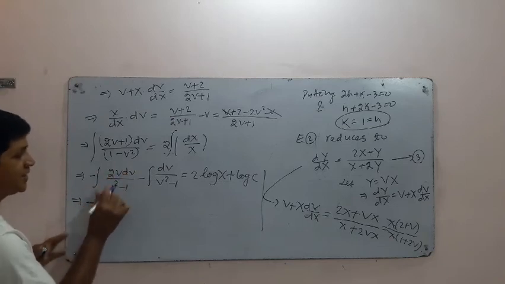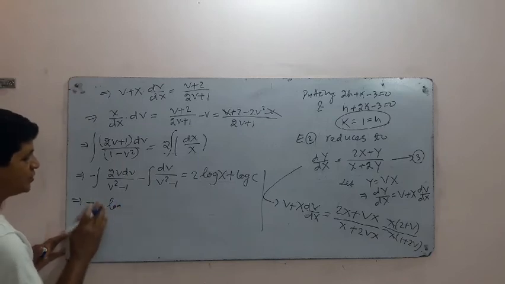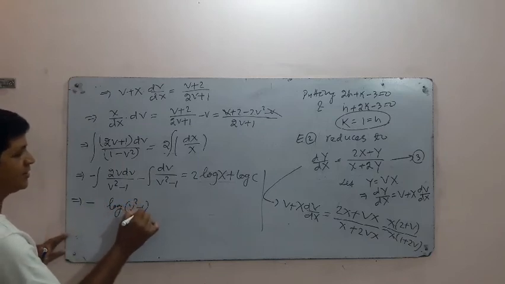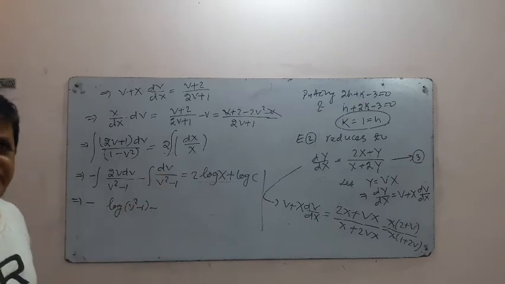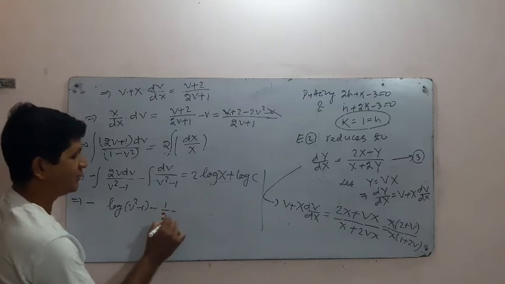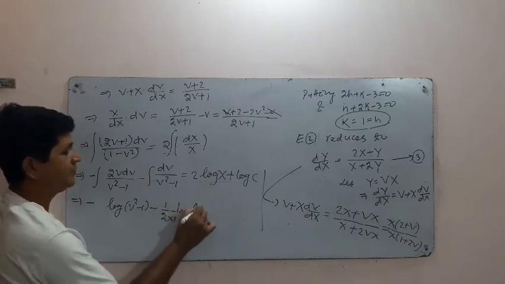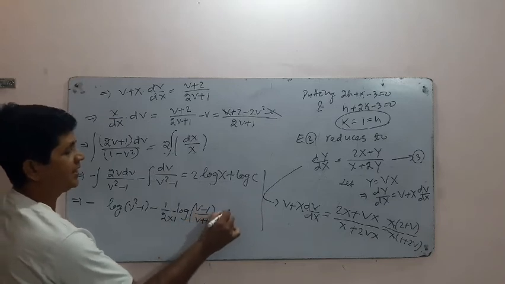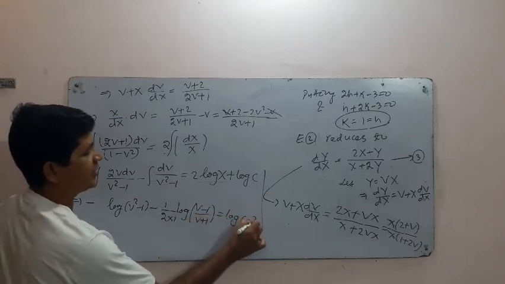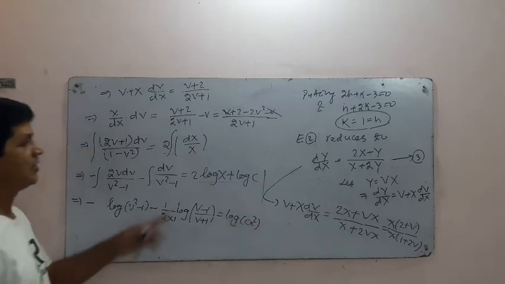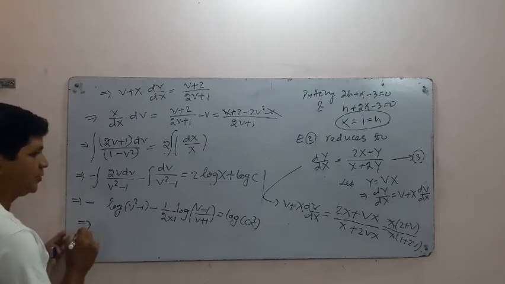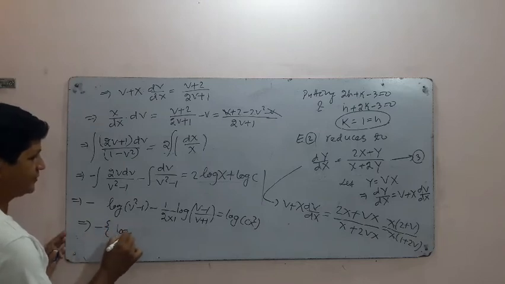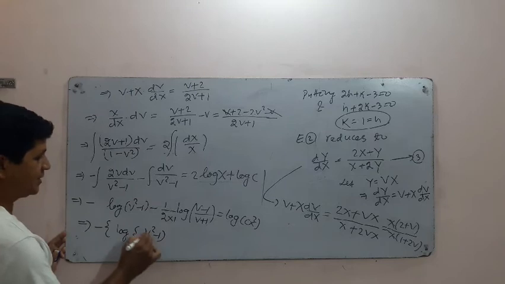So minus dz by z means minus log z, that is minus log of (v square minus 1), minus, here is dx by (x square minus a square), which is 1 by 2a log of (x minus a) by (x plus a), so 1 by 2 into 1 log of (v minus 1) by (v plus 1), and it is log of cX square, so it will be log cX square.